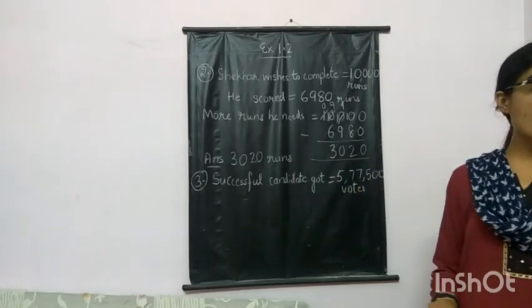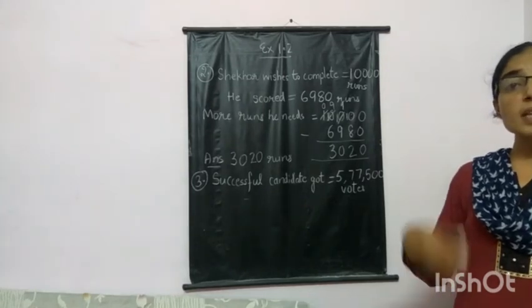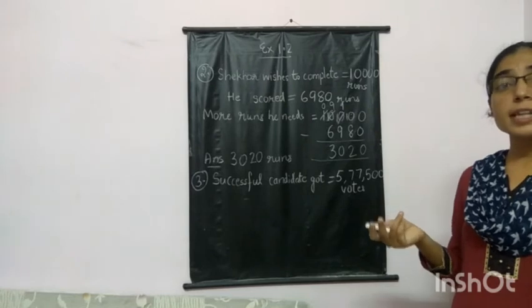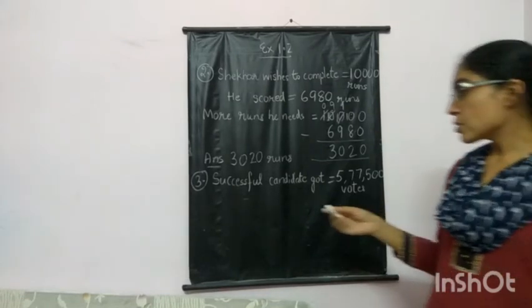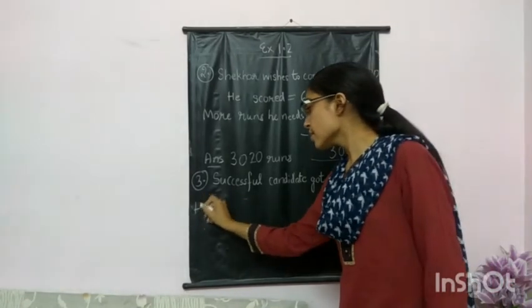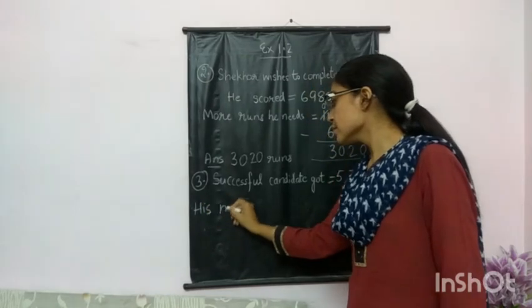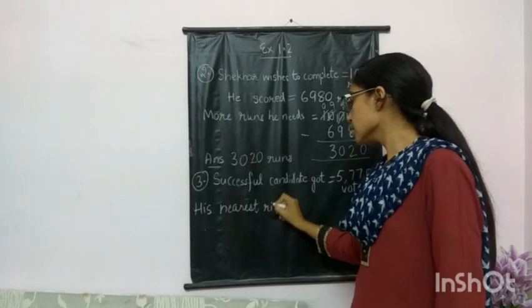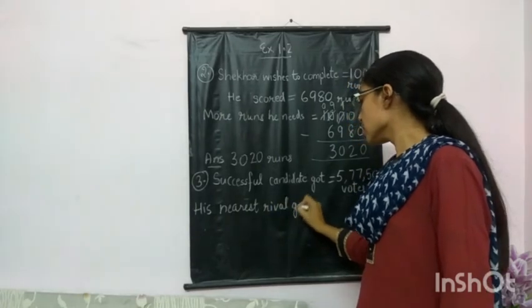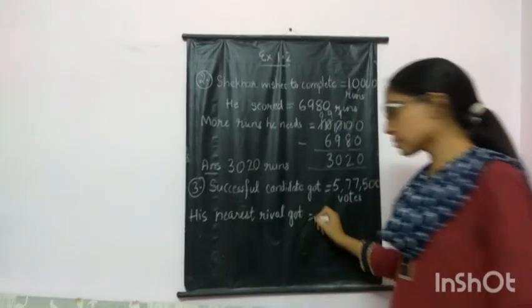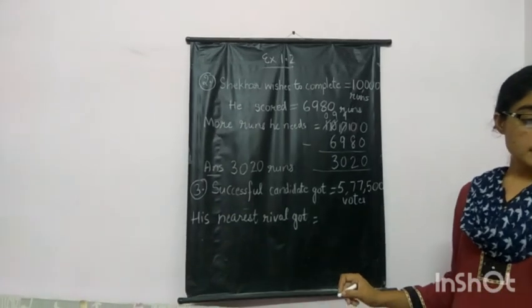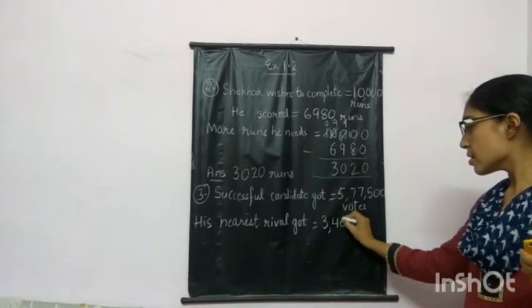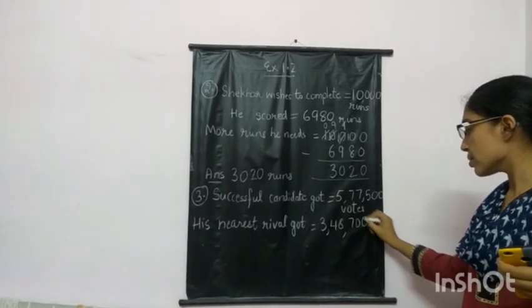His nearest rival means his next competitor, the one who was in second number. So his nearest rival got how many votes? 3,48,700 votes.